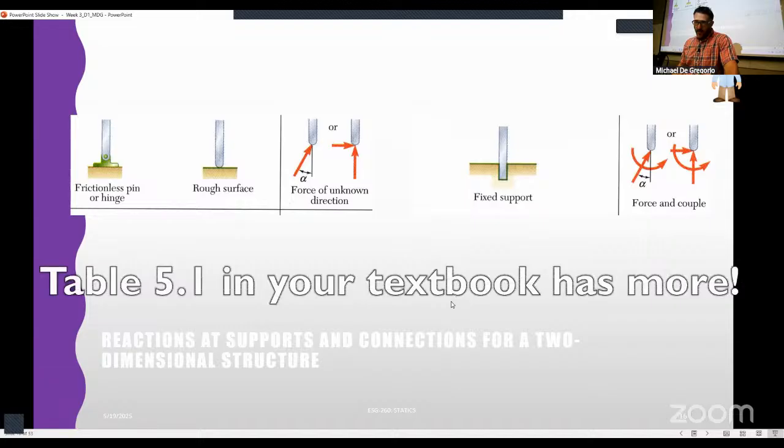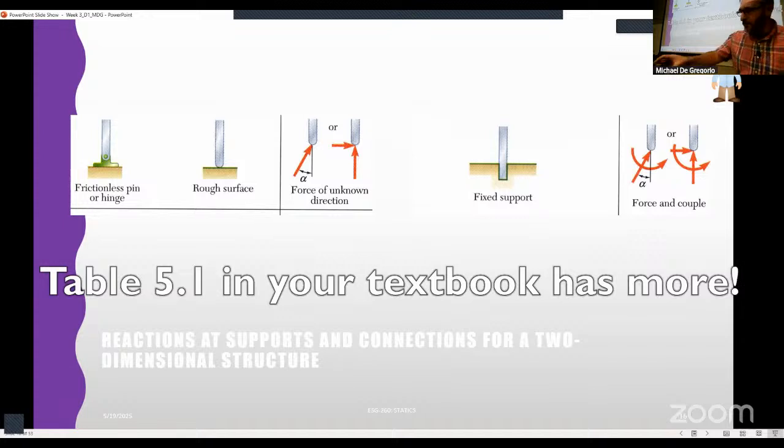Cool. Again, table 5.1 in your textbook has more than you really want of these. In practice, we are going to see a lot of rollers and a lot of pins in this class. So there you go. You'll see fixed supports too. Typically when we talk about beams, you'll see fixed supports.